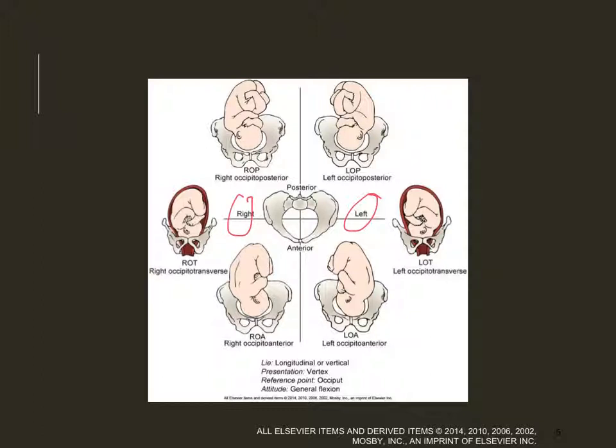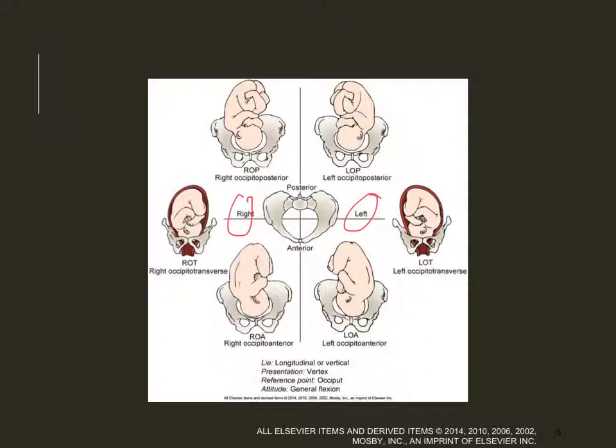O is for occiput, S is for sacrum, M is for mentum, which is the chin, and SC is for scapula or shoulder. The third letter stands for the presenting part in relationship to the anterior, posterior, or transverse portion of the mother's pelvis.